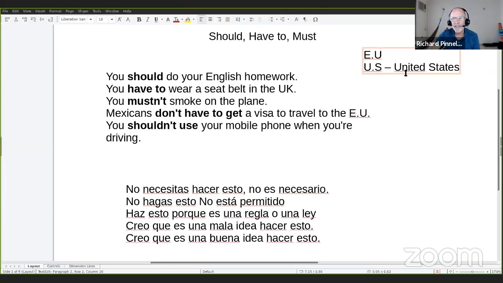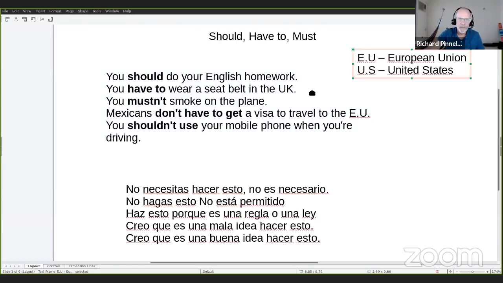So United States in English, US is United States. What's the EU? It's the European Union. Union, Unión Europea. So Mexicans don't have to get a visa to travel to the EU. And finally, you shouldn't use your mobile phone when you're driving.